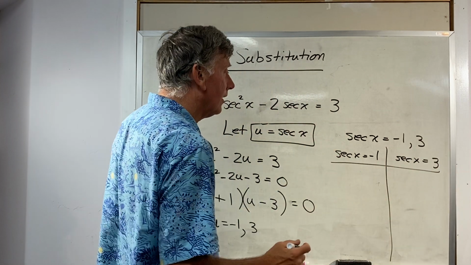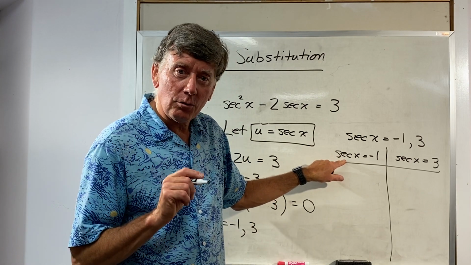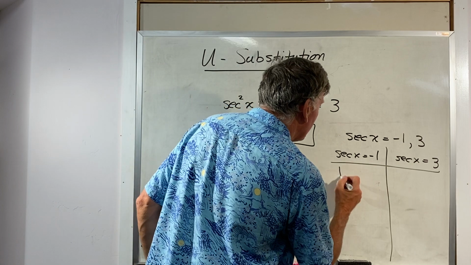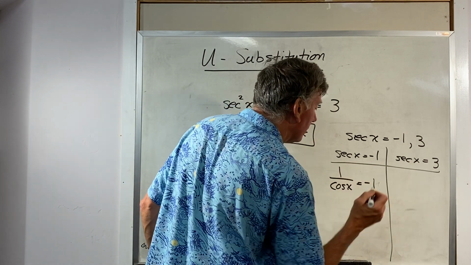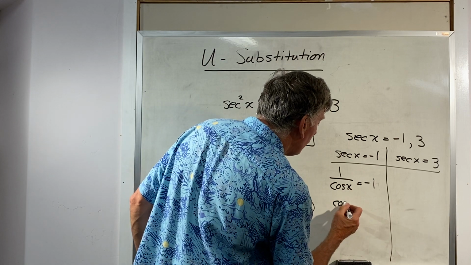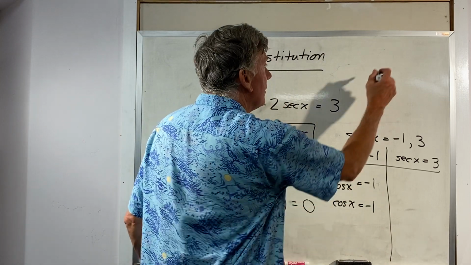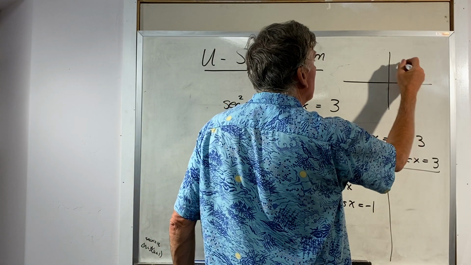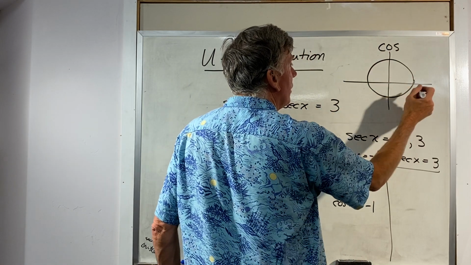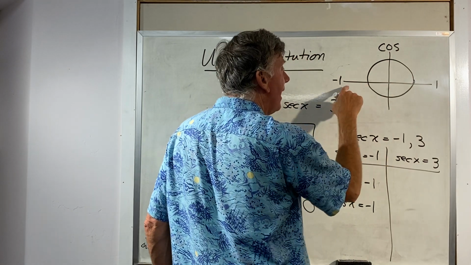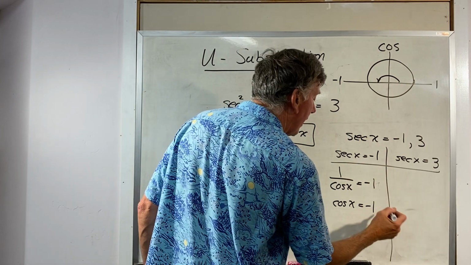In this case, now I'm going to say secant, what was that? Oh yes, 1 over the cosine. That means that 1 over the cosine of x is equal to -1, which means that the cosine of x is equal to -1. Going to my unit circle, cosine, so 1, -1, aha! -1 happens when x is pi.